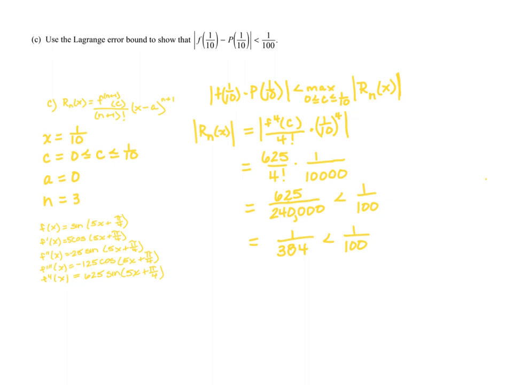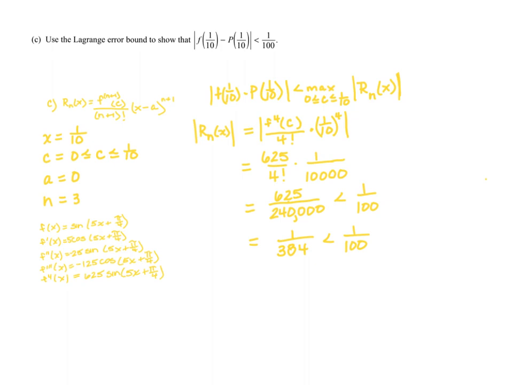C, in this case, because this is Lagrange error bound, is some value between 0, your center in this case, and 1/10, what you're plugging in. And you want the maximum value there because we want to make sure that we're looking at the maximum possible error. And we want to make sure in this case that it's less than 1/100, or that's what they're asking you to show. And so A is your center, which is at 0 in this case, and N is 3.